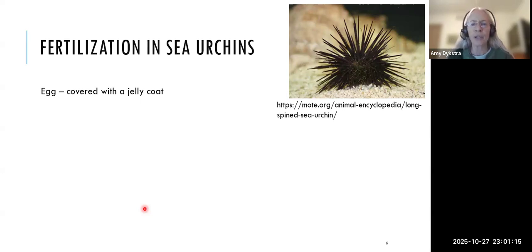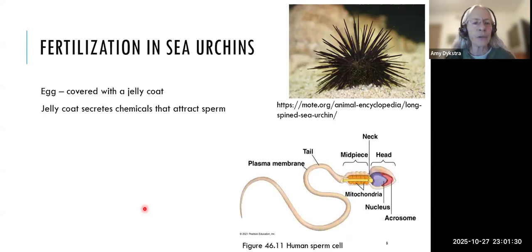There's no eggshell, but there is a jelly-like coat around them that protects them, keeps them from drying out if the tide goes out, for example, protects them from abrasion from the sand. And the jelly coat secretes chemicals that attract sperms. And so then the sperms will swim toward the eggs.